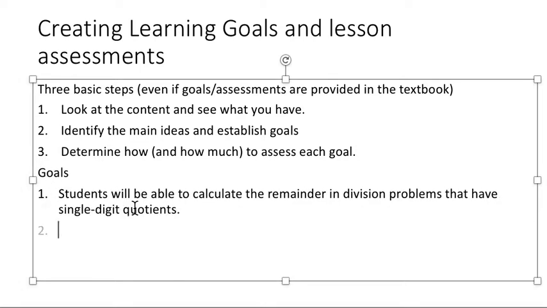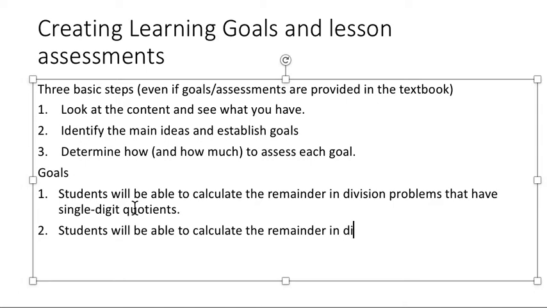My second goal is that students will be able to calculate the remainder in division word problems that have single-digit quotients.